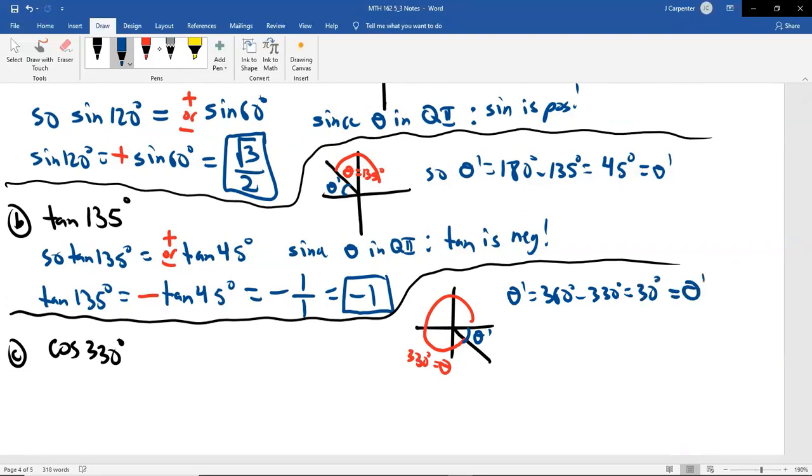That is our reference angle. So that says the cosine of 330 degrees should be the exact same thing as the cosine of 30 degrees, but maybe positive, maybe negative. We're going to have to figure that out next.